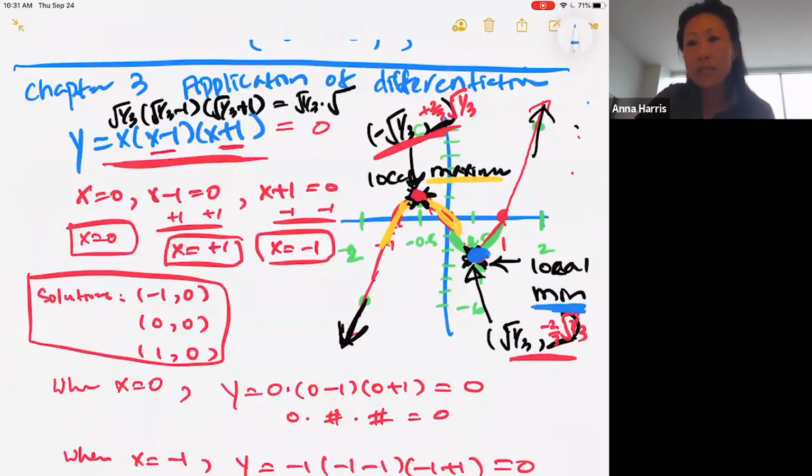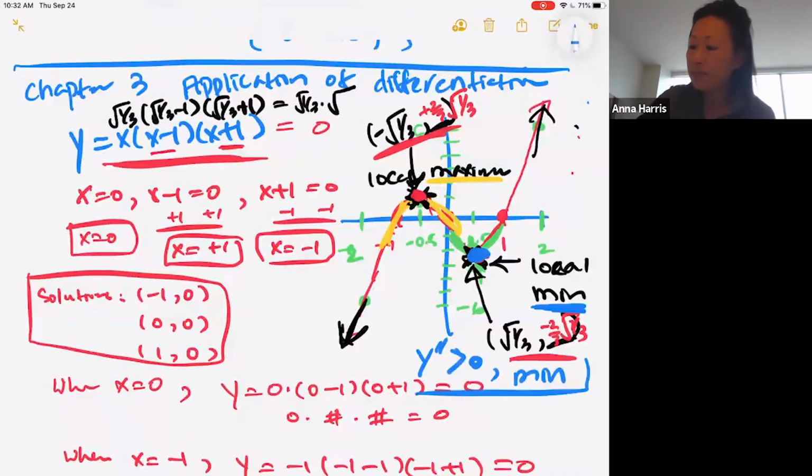Local minimum, isn't it? It's a local minimum. So in other words, if y double prime is a positive number, then you get a minimum. Okay, are you following me? Y double prime is a positive number, you get a minimum at the critical value.